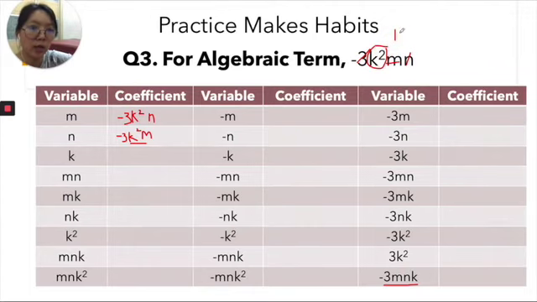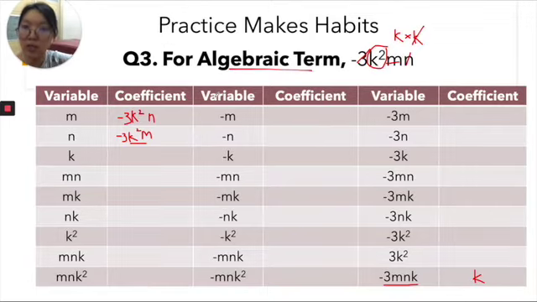Let's explore together. k squared means k times k. So if I take out 1k here, the coefficient is left with only k. Is that clear? For an algebraic term, if I take out my variable, I just cancel the variable off. What is left is the coefficient.